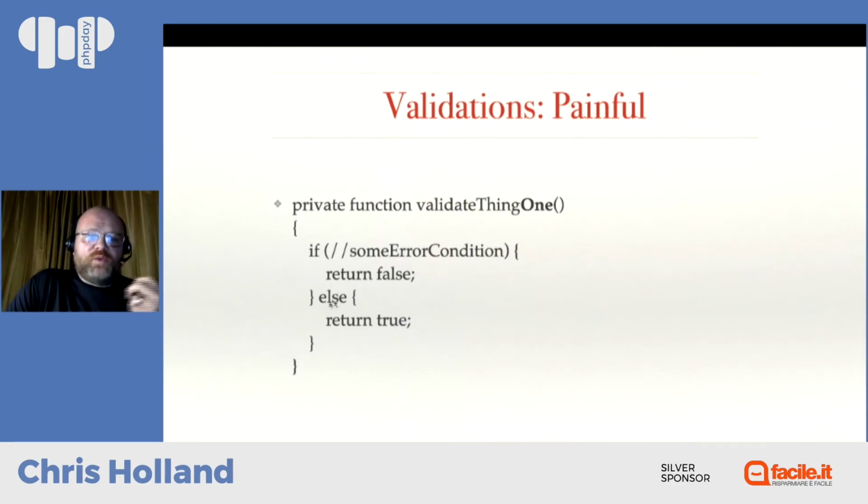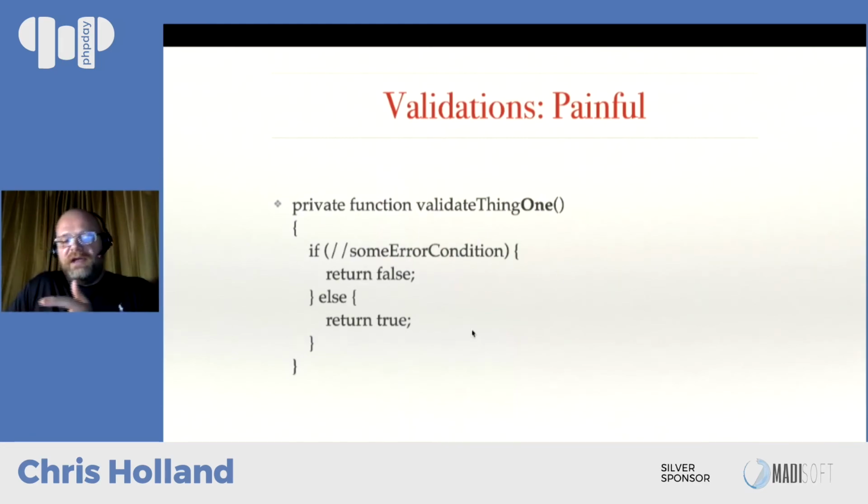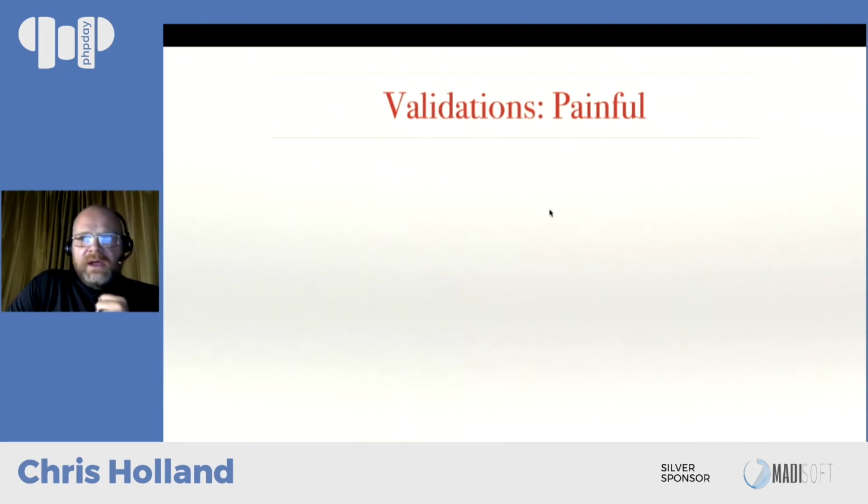Or if you want to make it one line, you could just say return not some error condition. Sometimes it's less code, but it might be confusing. If you do it more explicitly like this, it's more obvious. But that's what the code would look like, right? You would have to have some kind of a validation and then return. Same thing for validate thing 3, return false, return true.